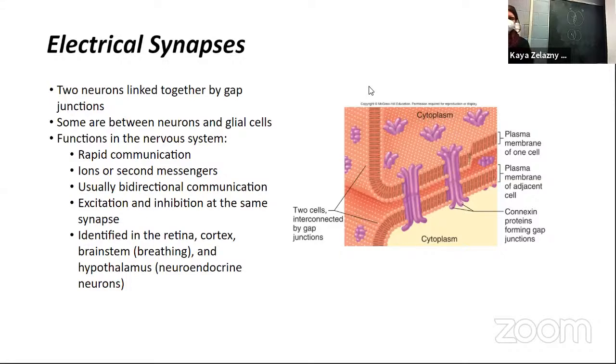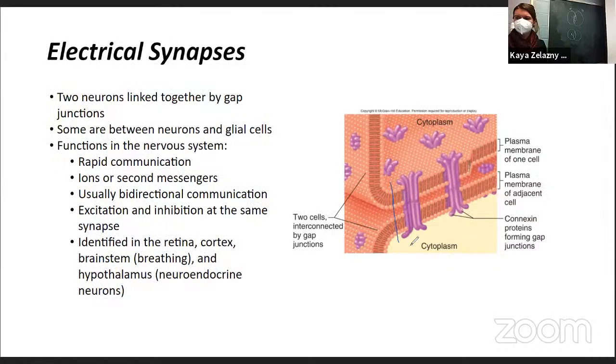So here's our electrical synapse. Our electrical synapse is connected by a gap junction. So this is my reminder to you that a gap junction is a collection of membrane proteins that connect two membranes in such a way that they basically form a pore straight from the cytoplasm of one cell into the cytoplasm of the next cell.